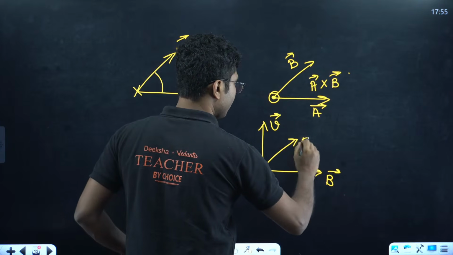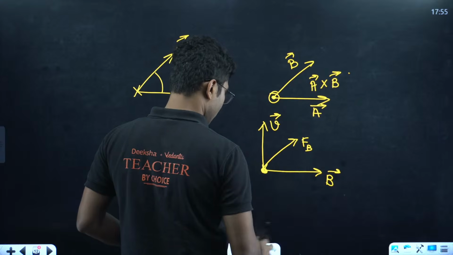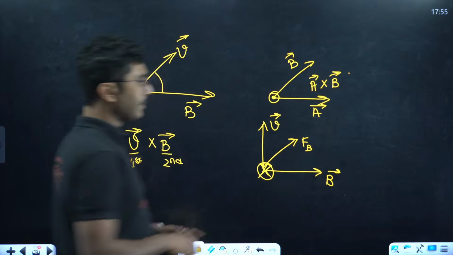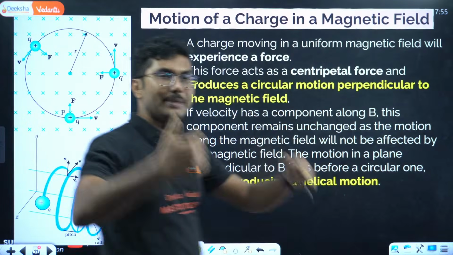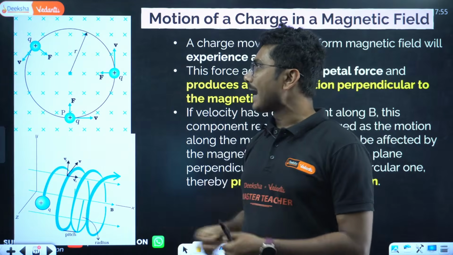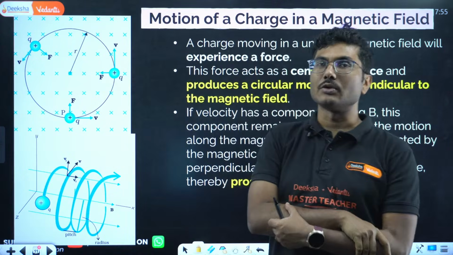This is the force into the page. V, B, F, everyone is perpendicular to each other, right?